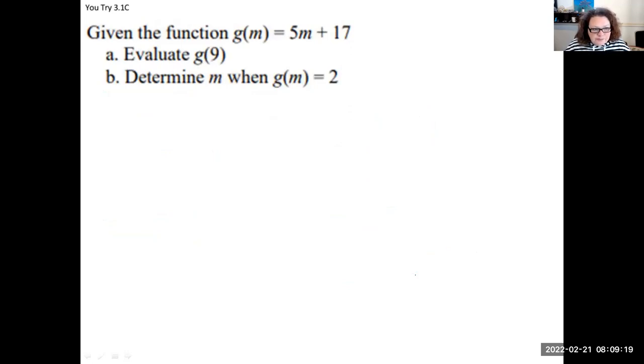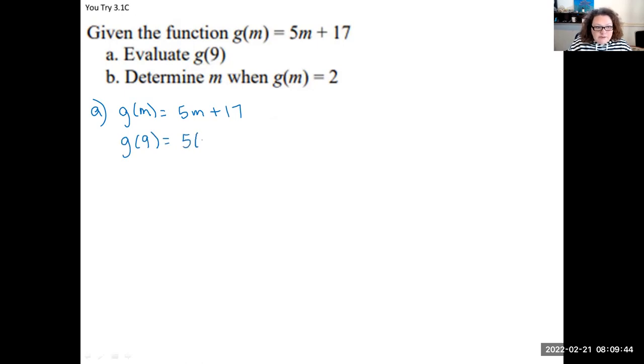Given the function g of m is equal to 5m plus 17. And they're wanting us to evaluate when m is equal to 9, what is the function? So g of 9 equals, everywhere there's an m, you're going to plug in 9.